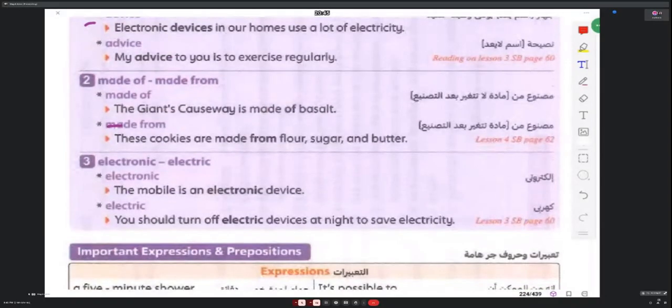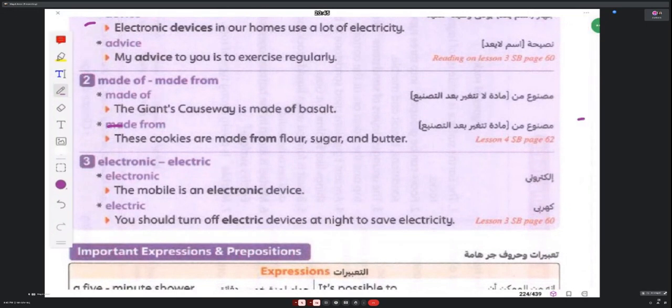Made of, made from, made by, made in. I think we talked about the difference between made of, made by, made from. Haven't I explained them before? Hello there. Have I explained the difference between made of, made by, made from, made in?